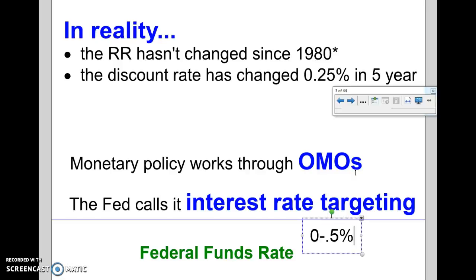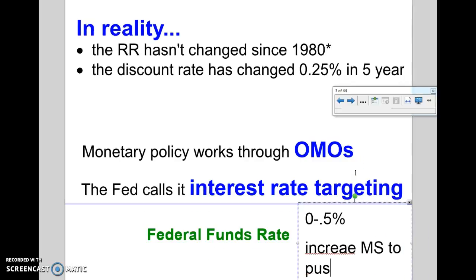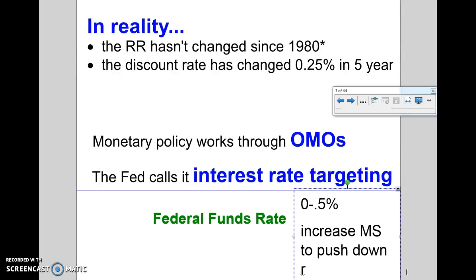And so what they did then is they increased the money supply until they could push down the interest rate to where they wanted it to go, and they tried to keep it down there. And so they can't force banks to trade at the interest rate they want to. All they can do is target that interest rate through their open market operations. So if they aren't trading yet where they want to, they can either buy a little bit more or sell a little bit more.